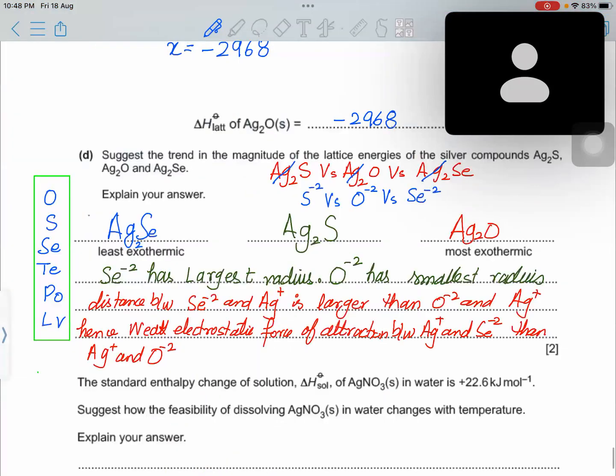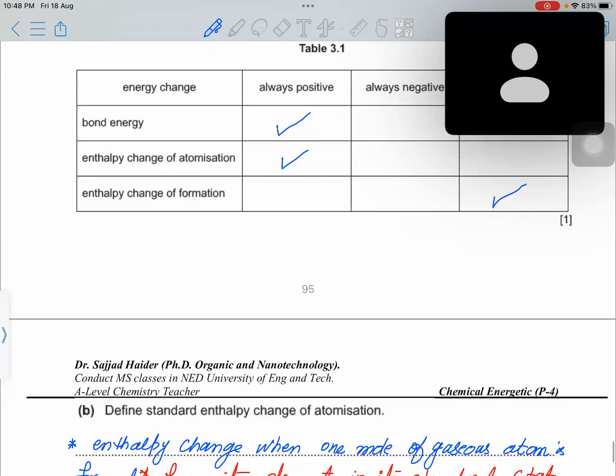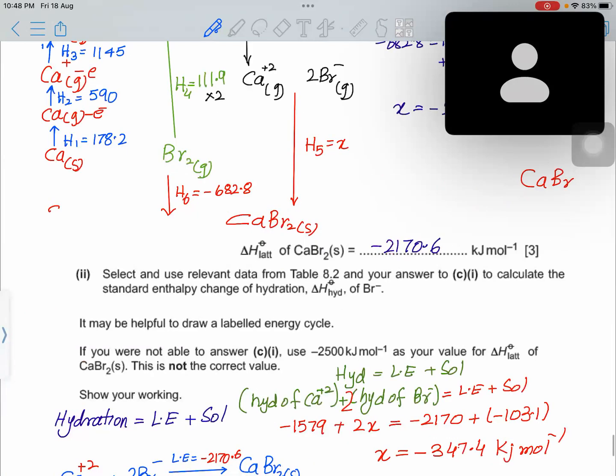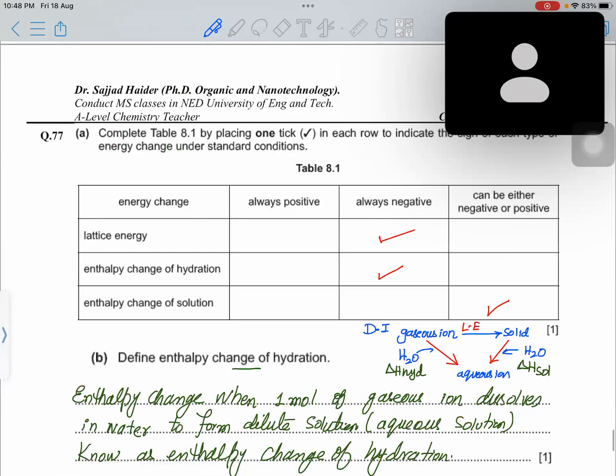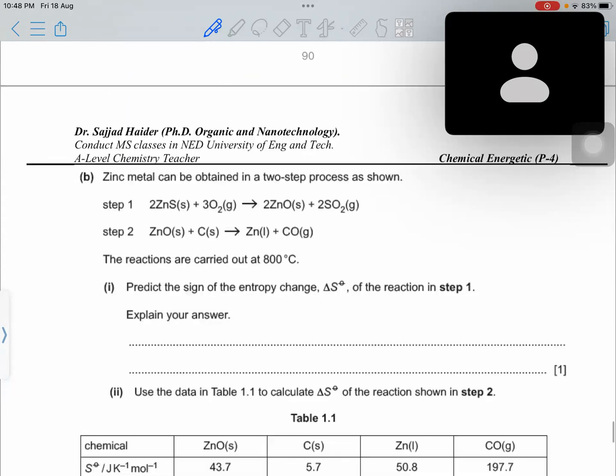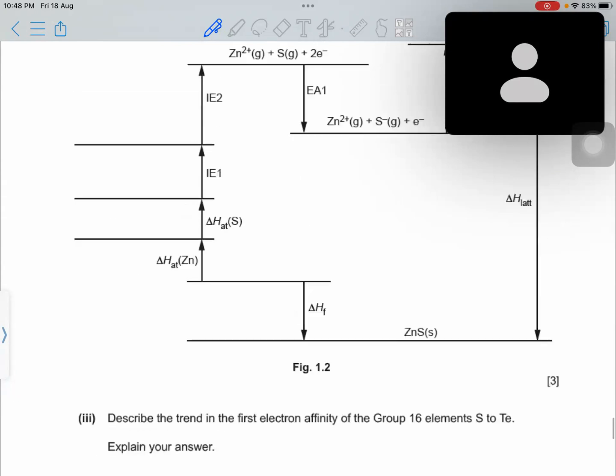Now, last time we completed the 2023 papers, right? Yes.